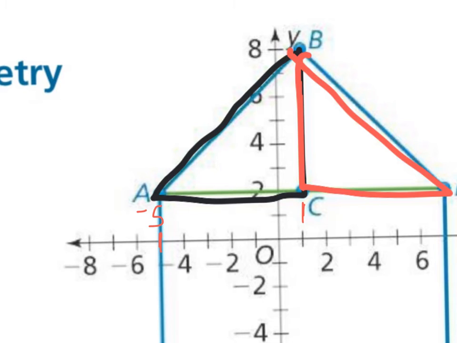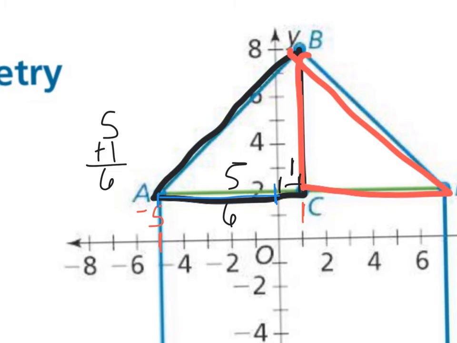So we're going from -5 to 1. We can break that down. If we go from -5 to 0, that would be a distance of 5. And then from 0 to 1, that's 1 unit. Then we add those together and see that that's a total of 6.